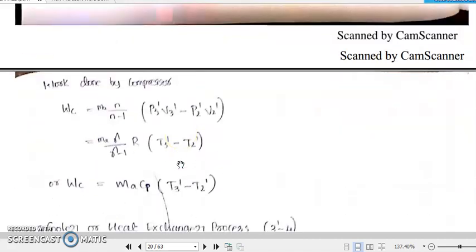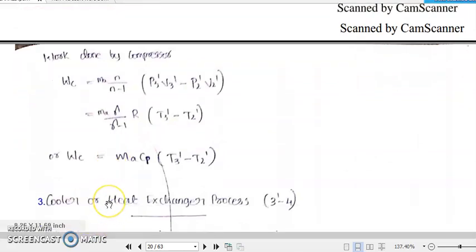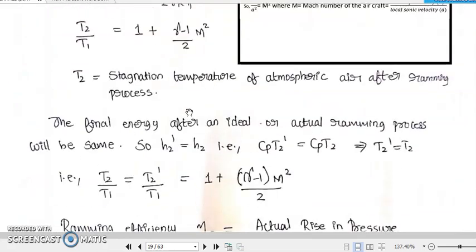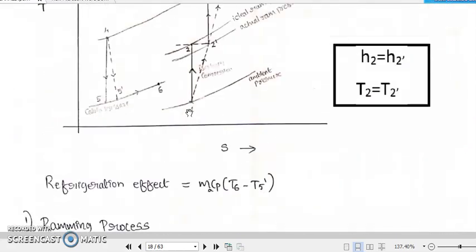Now in this compression process, let us try to understand how we can represent the work done by this main compressor. Let us come back to our TS diagram.